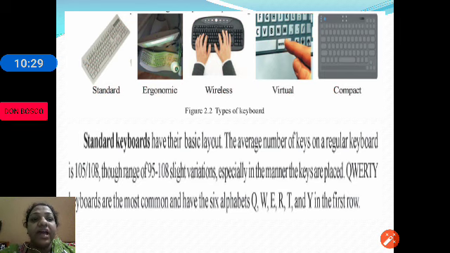Especially for the characters, the pattern of the keys is Q, W, E, R, T, Y. This is the pattern which is commonly used by many keyboards. In the first row itself, there will be keys arranged as Q, W, E, R, T, Y.